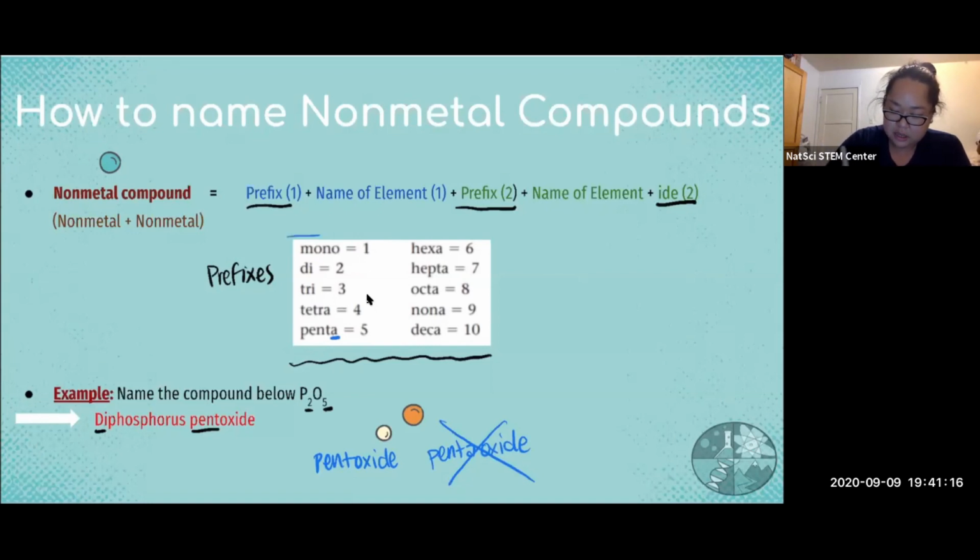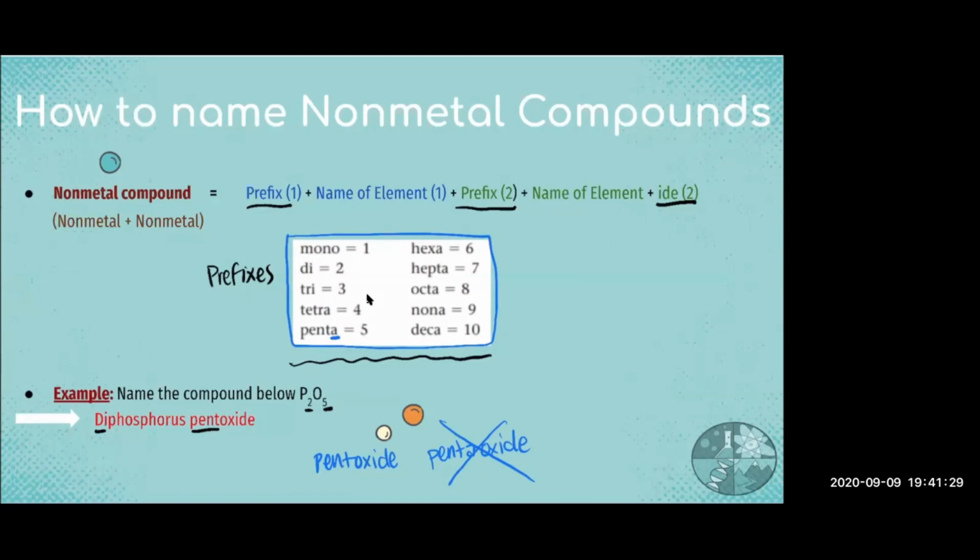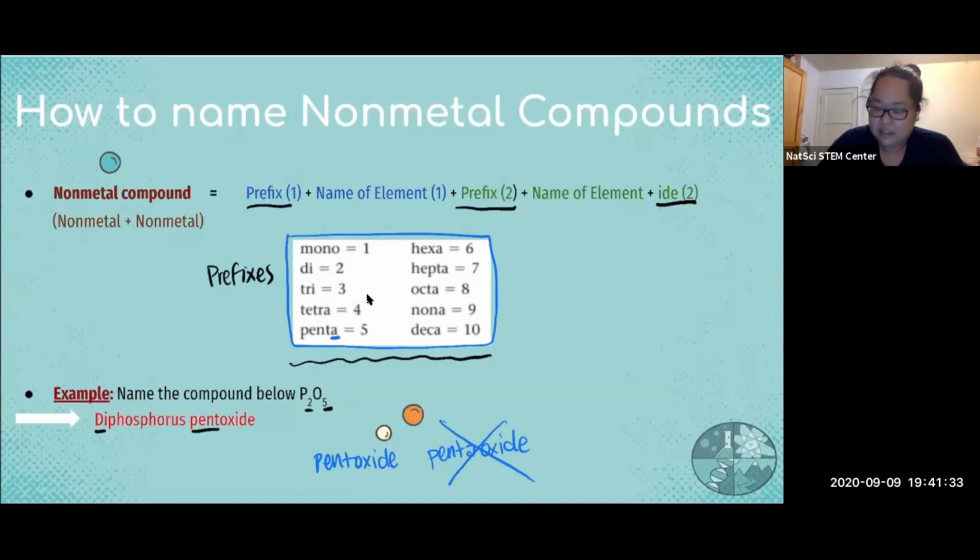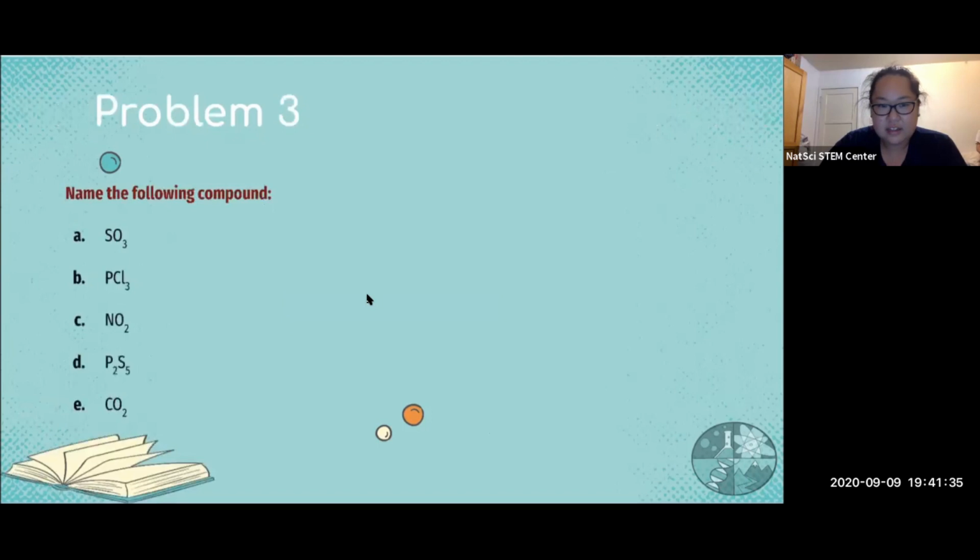Remember this table. This table is useful, especially for non-metal naming. I feel like I have memorized up to 8. I always forget 9, and then I remember 10. Nona. I think I should just think like Nona, 9, Nona.